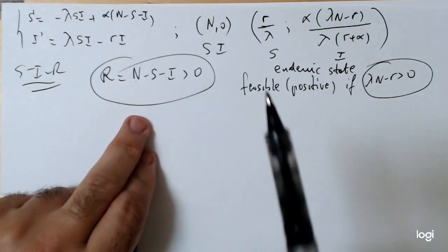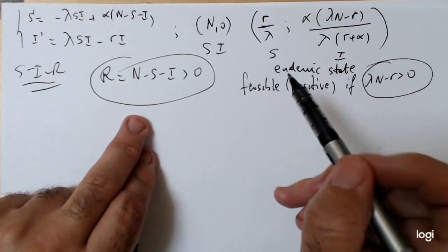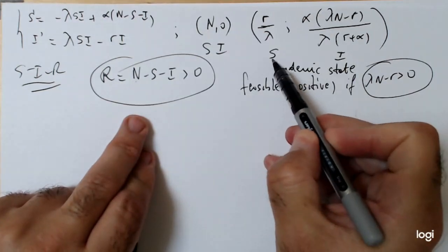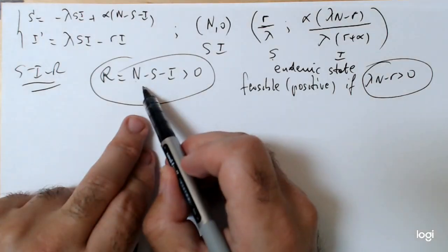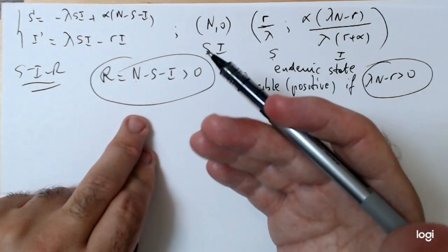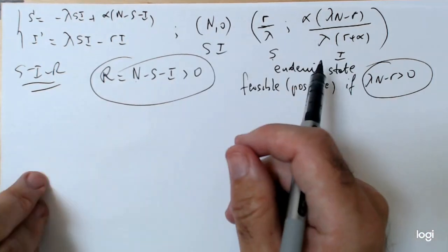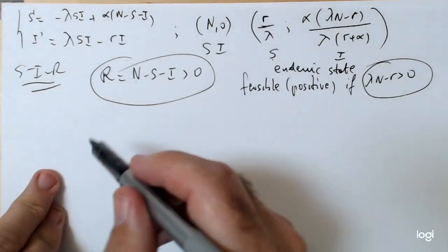That could be sneaky, not here, but in more complicated models, because you could have S positive, I positive, all good, but when you check the third equation, this could be negative, which means the whole thing is invalid. I mean, the equilibrium is not possible. So what is that for the disease-free state? All is good, right?